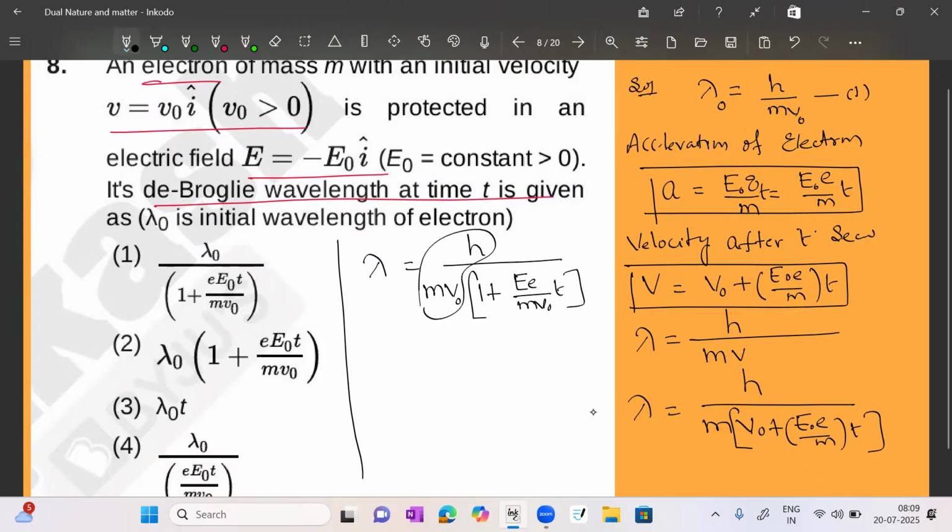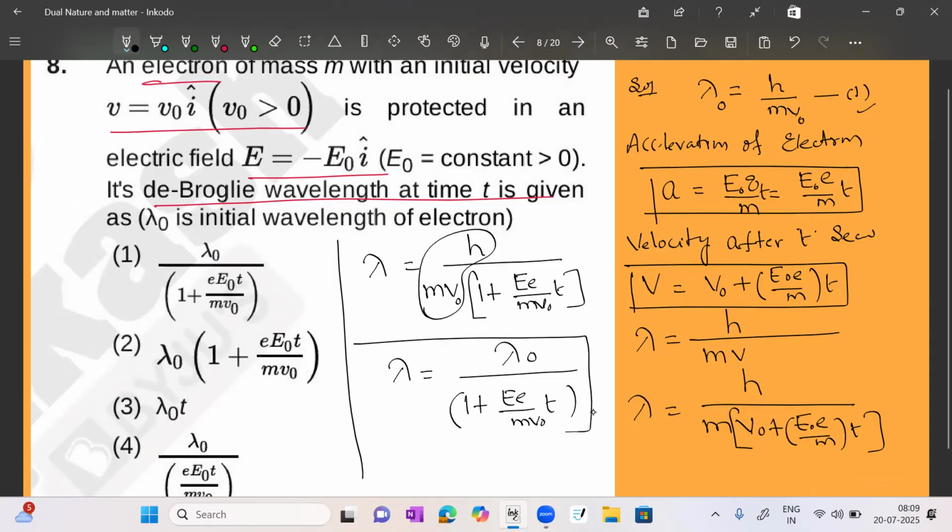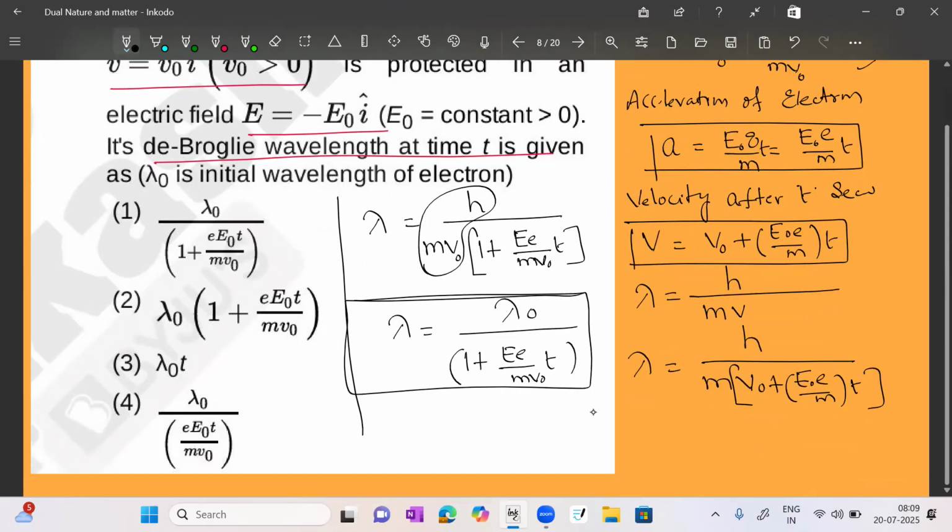See, this term is nothing but lambda naught. So lambda is equal to lambda naught by 1 plus e by m v naught into t. Okay, so what is the correct option here? Option 1 is the correct answer.